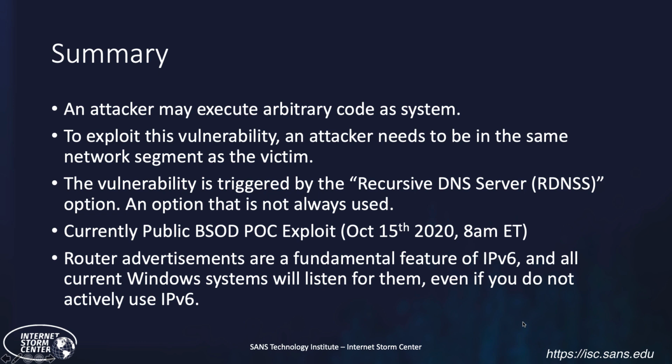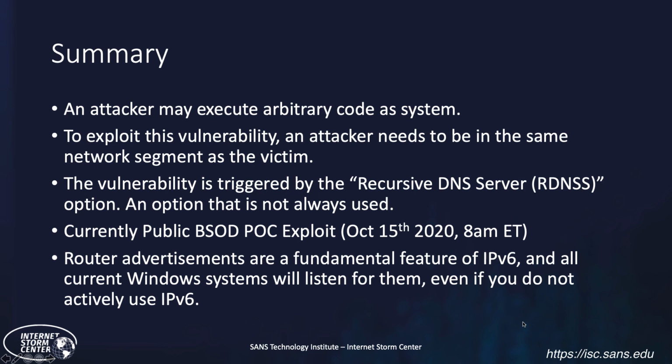Now, to exploit the vulnerability, and that's probably the biggest caveat here, the attacker has to be within the same network. This vulnerability cannot be routed. And that, I think, really limits the impact that this vulnerability could have. Yes, lateral movement, so great vulnerability for that. But the attacker first has to get into your network.